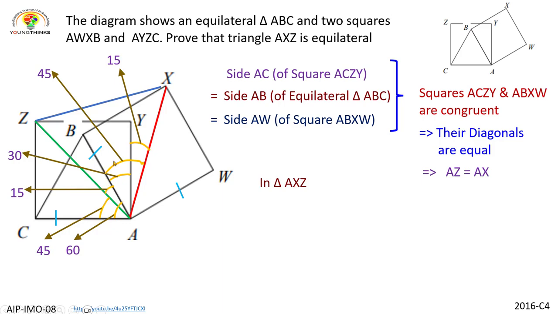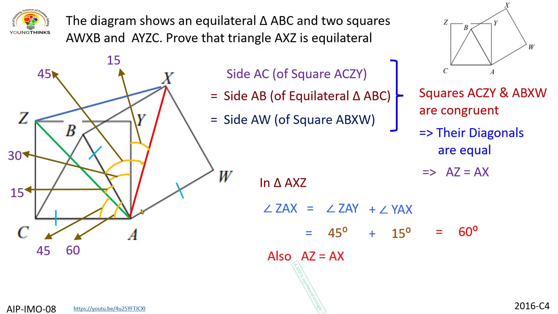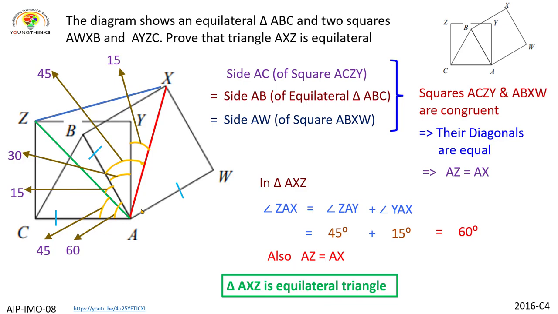And on top of that 45, if I add this portion of 15 degrees, collectively, this is a triangle in which the two sides are equal and their angle is 60 degrees. That makes it a perfect equilateral triangle.